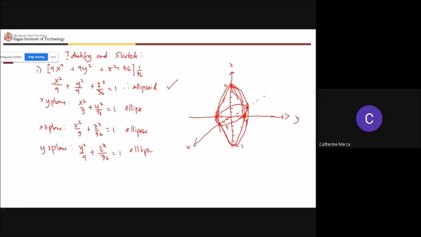So another example, say number 2. Say you have 4x squared plus 9y squared minus z squared equals 36.